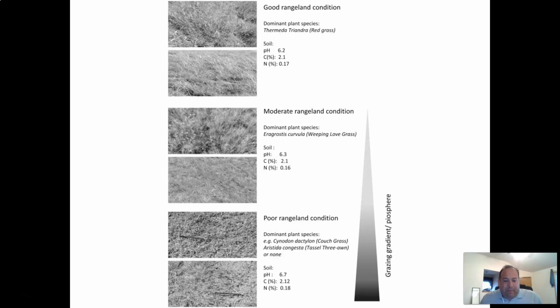And then when you look at the poor, you're really looking hard to figure out where the grass is, and that's problematic. On the right it says grazing gradient. So the good rangeland, not a lot of grazing happening. Moderate, some grazing happening. Poor rangeland, lots of grazing, heavy grazing, or overgrazing happening.